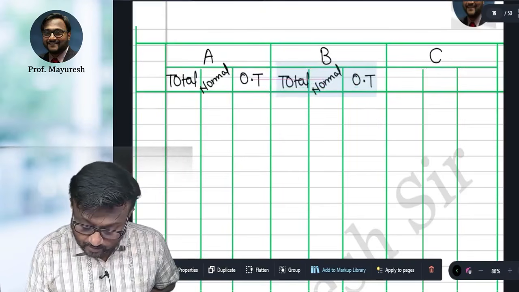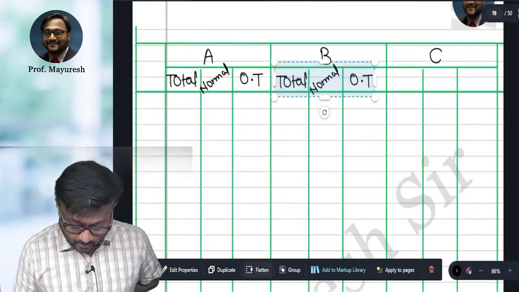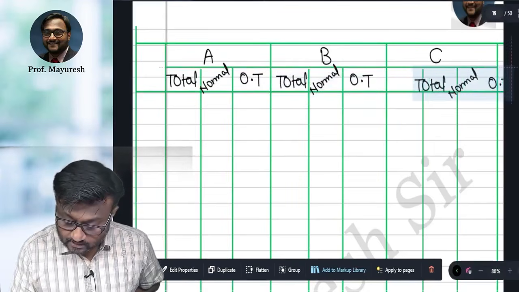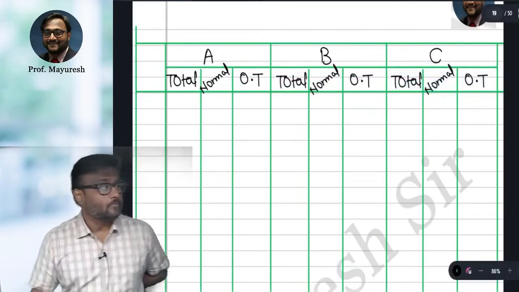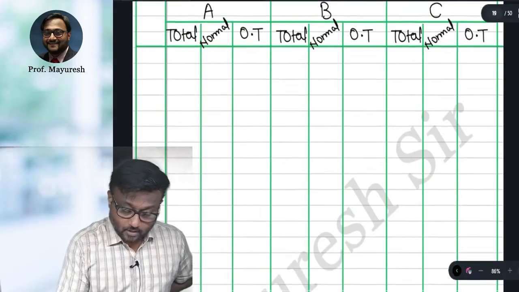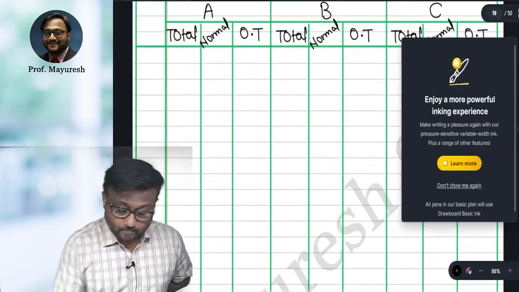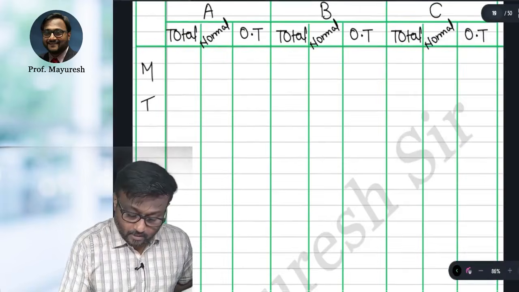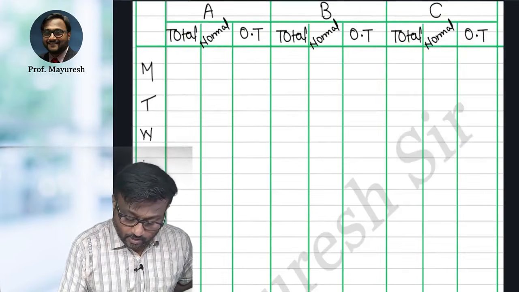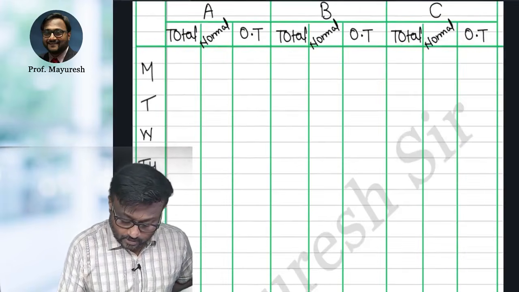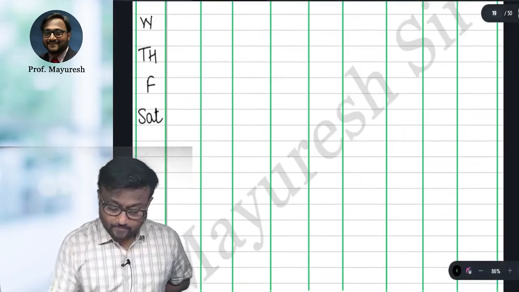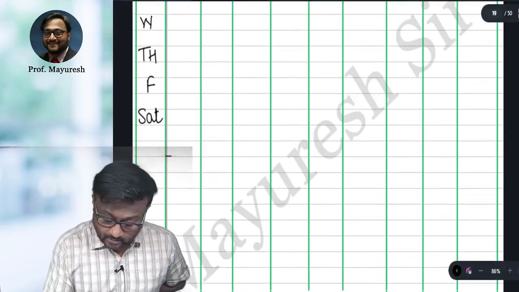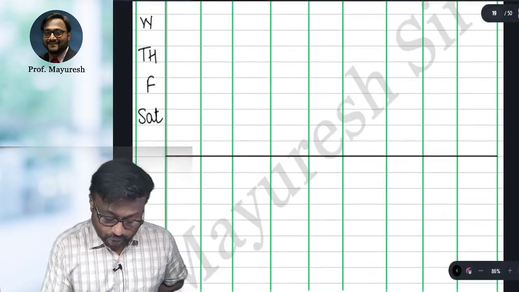The same thing will be repeated for B as well as C. Okay, you have Monday, Tuesday, Wednesday, Thursday, Friday, Saturday. Nobody works on Sunday if they are workers.